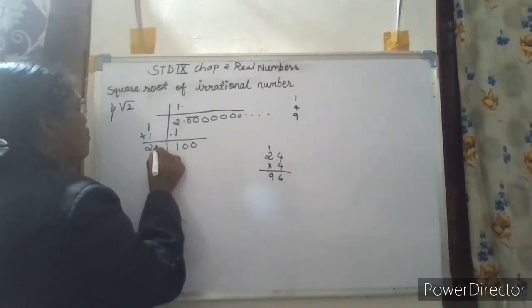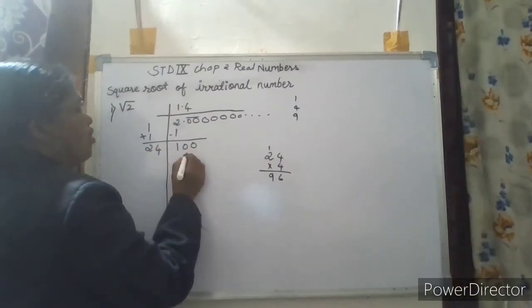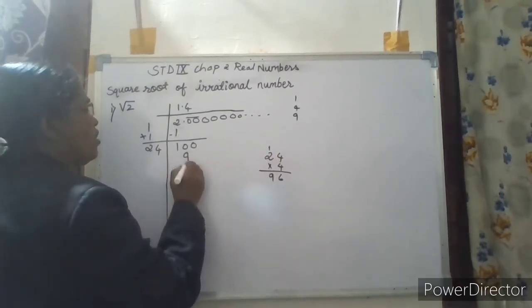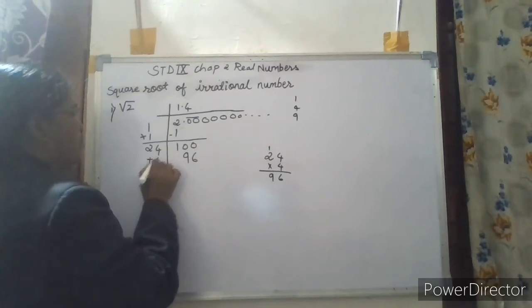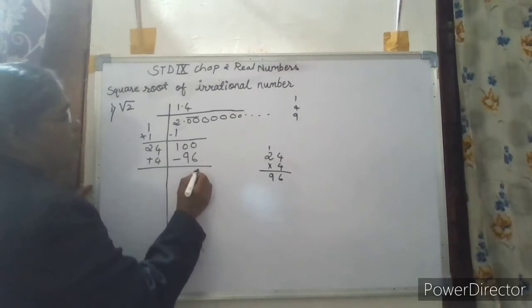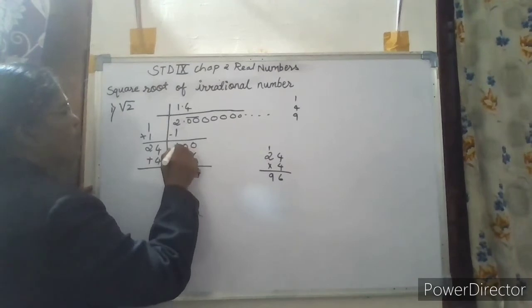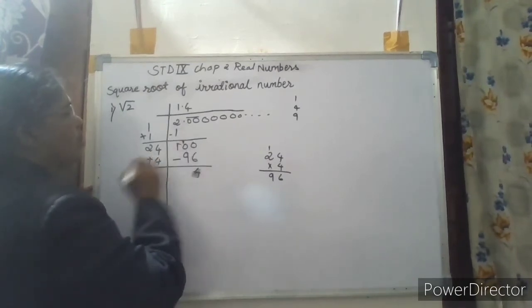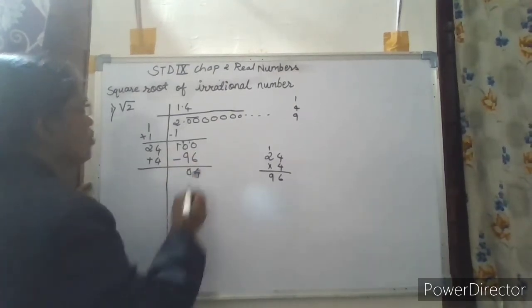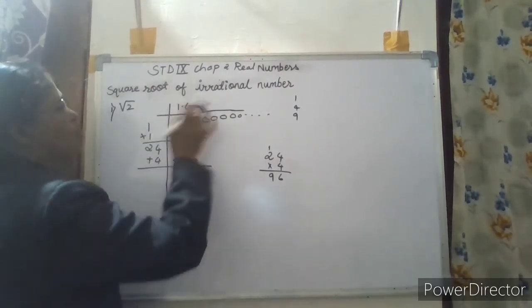Now, I have taken 4, so 24 into 4 is 96. Here plus 4, minus this. Here 9 minus 9 is 0, and 4 remains. Now, the same process you repeat again.